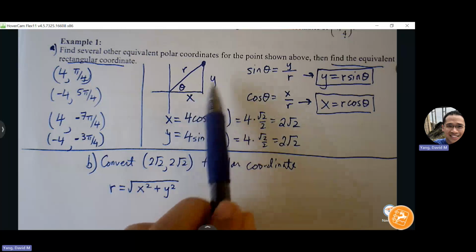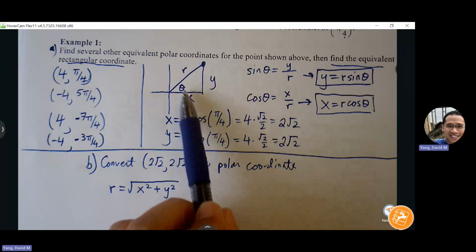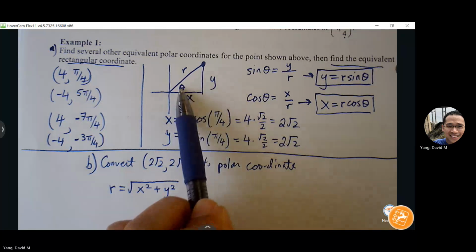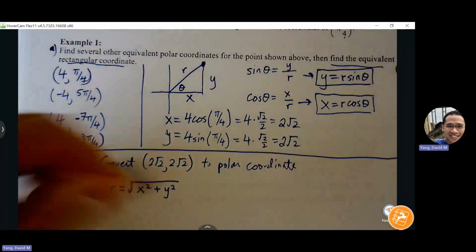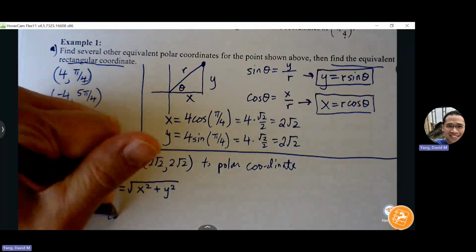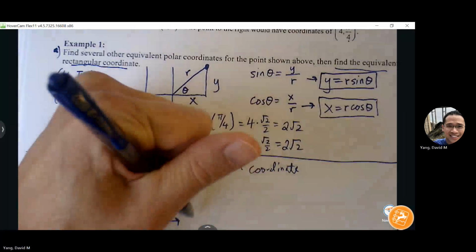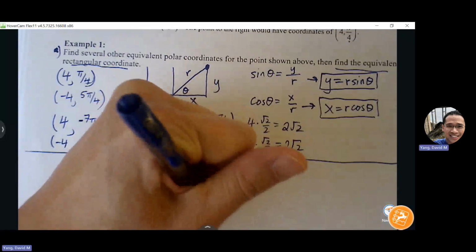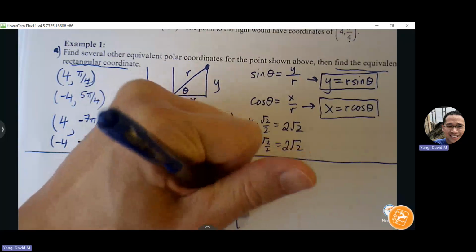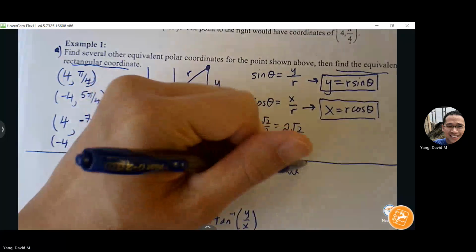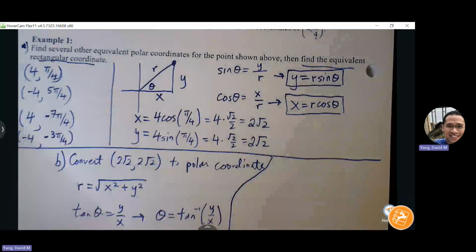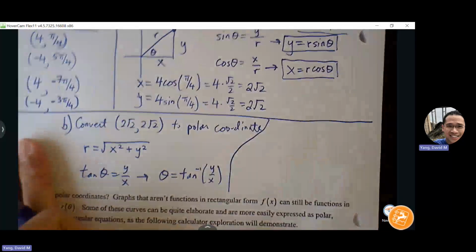And if I'm sitting at x and y, and I'm trying to get to theta, which trig function will help me get to theta? Tangent, yeah. So we know that tangent of theta is equal to y over x. Therefore, theta is inverse tangent of y over x. Okay, so let's see if we can convince ourselves that we can go backwards using this formula.